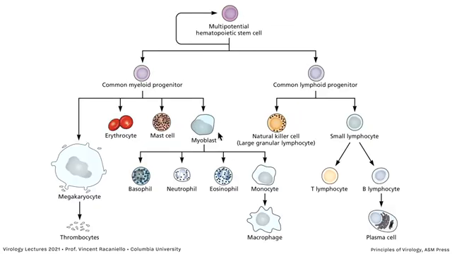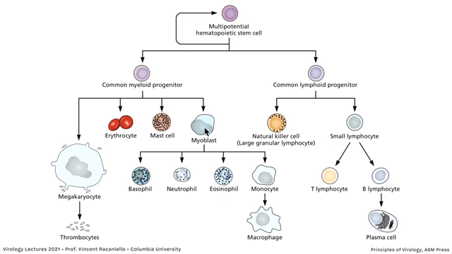Now, all the cells within the blood are derived from a common precursor cell, this multipotential hematopoietic stem cell. It is a self-renewing stem cell population. It's in the bone marrow, and it generates two precursors. One is the common myeloid progenitor, which differentiates further into red blood cells and mast cells and myeloblasts.